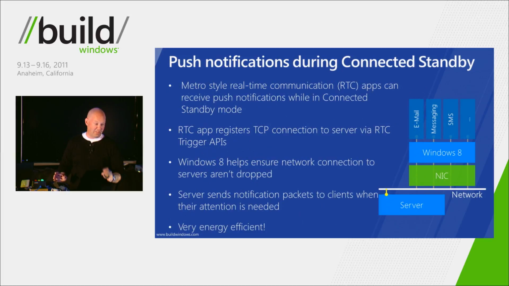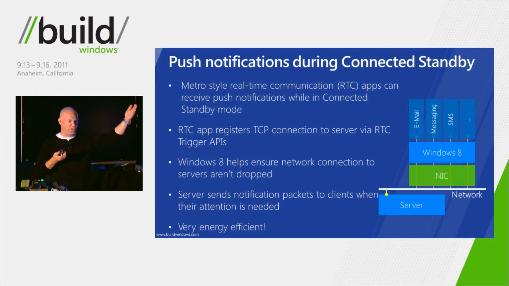Now let's talk about this push notification concept that I was talking about. This is pretty cool. I'm really, really excited about the experience that this brings for end users. So we've imagined that a set of Metro-style real-time communication apps can receive push notifications in connected standby mode. The way this works is that the RTC app is going to make a connection to its server.